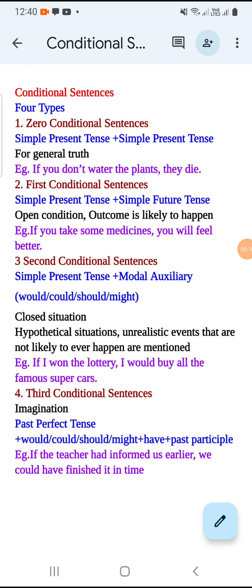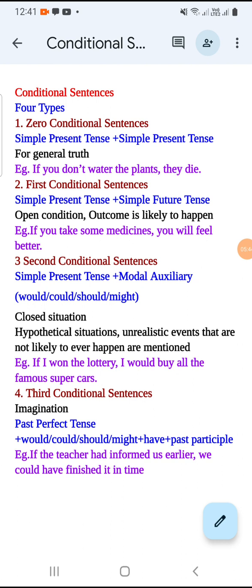So that is the zero conditional sentence, right? We can take another example also for the zero conditional sentence. If I drink too much coffee, right, I cannot sleep at night.